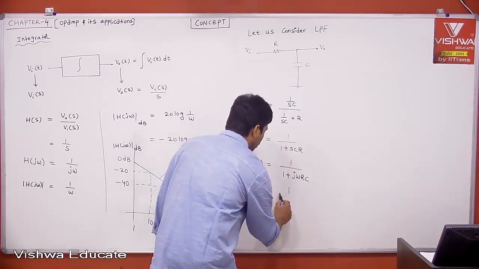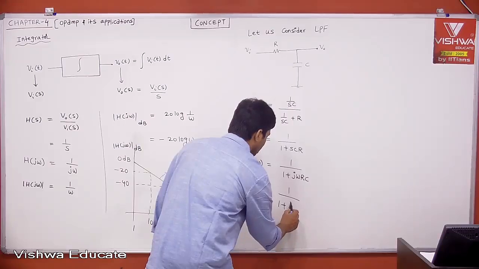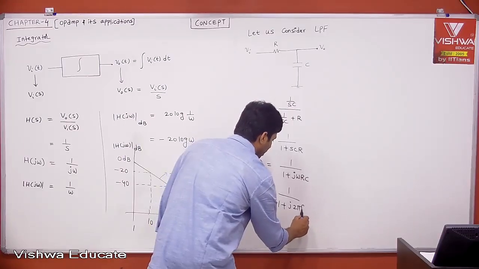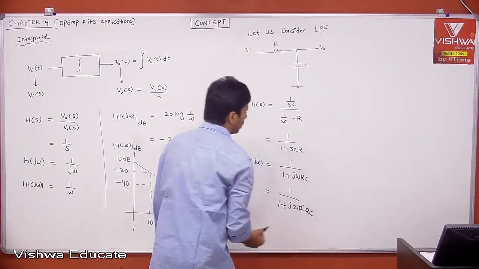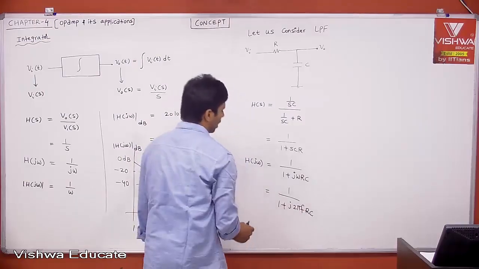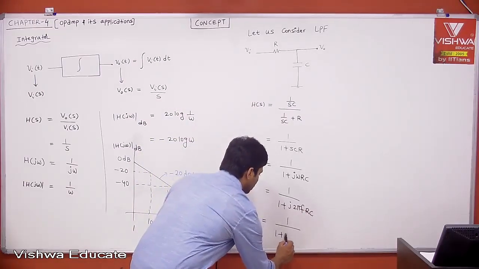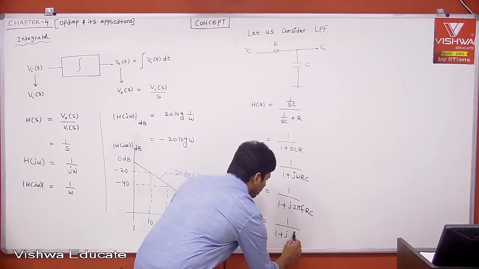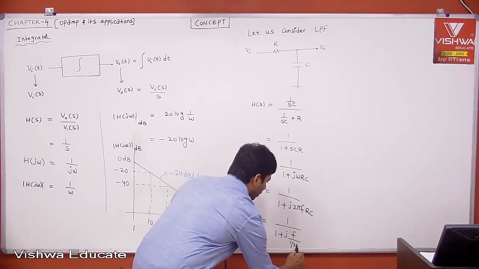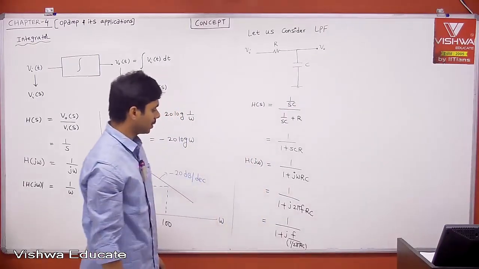If you write down 1 by 1 plus J into 2 pi F into R into C, can I write it like this? This is nothing but 1 by 1 plus J into F divided by 1 by 2 pi RC. I can write like this.